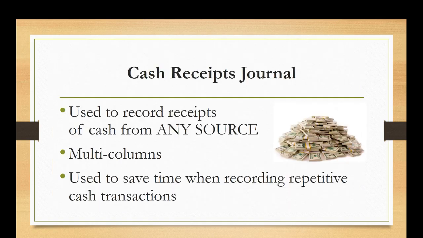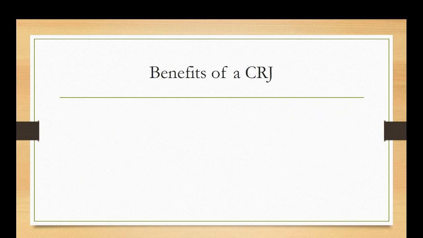So again, in summary, a cash receipts journal is a special type of journal used to record receipts of cash from any source. It has multiple columns or many columns, and we use it to save time when recording repetitive cash transactions. I'll demonstrate how it saves you time in just a little bit.